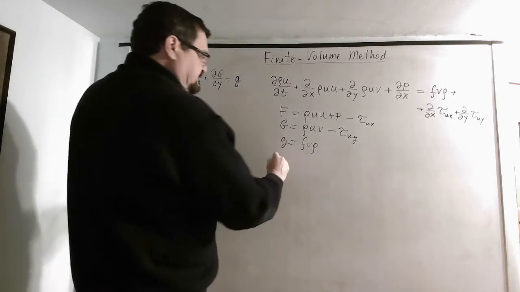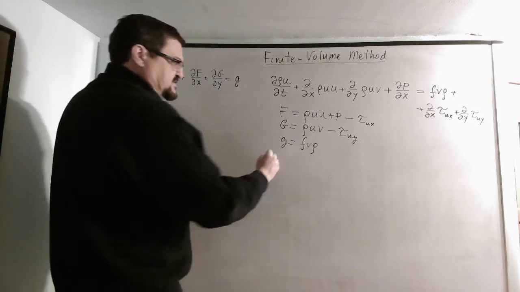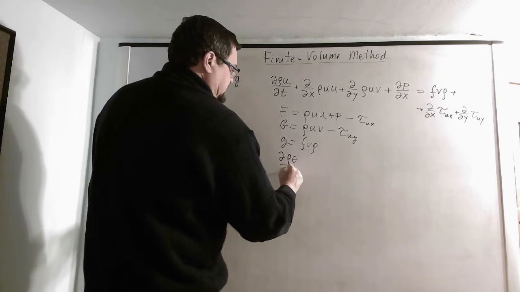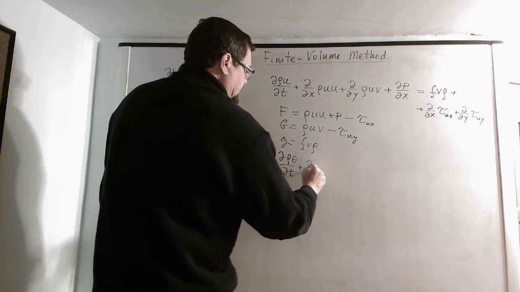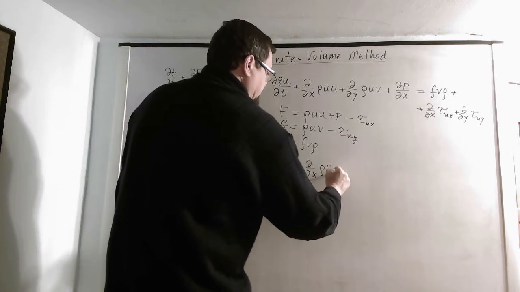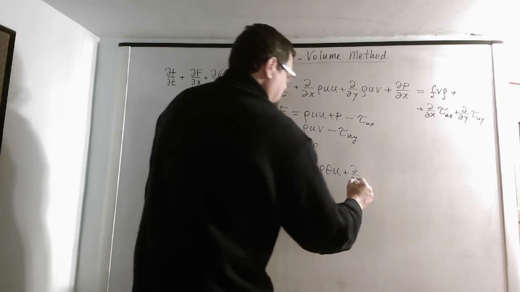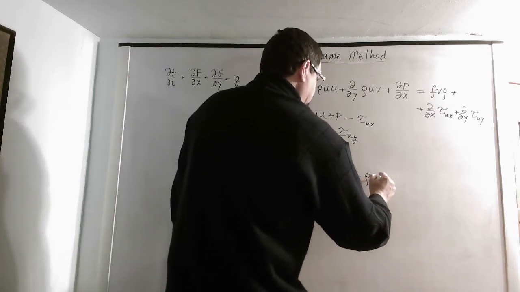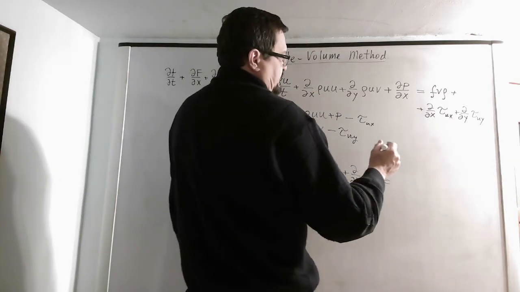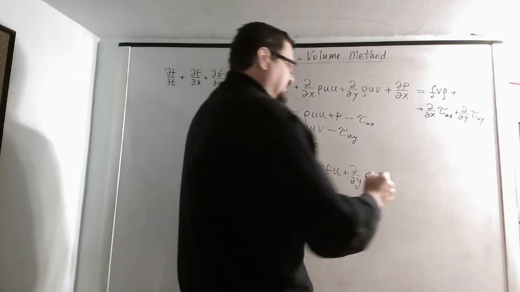Or for another example, if you have advection of potential temperature, d(rho theta)/dt plus d/dx of rho theta u, so it's in flux form, plus d/dy of rho theta v equals the divergence of the subgrid-scale or diffusion flux.